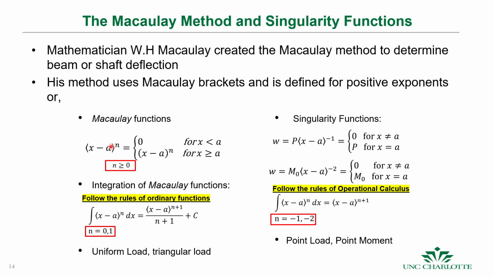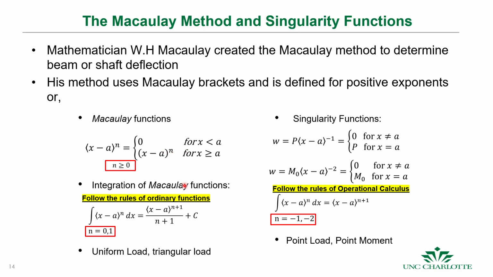All that means is that nothing goes on until you get to that point, and then after that your load is x minus a to the n, for x greater than or equal to a. So we have the ability with these functions to apply loads at different points on the beam.